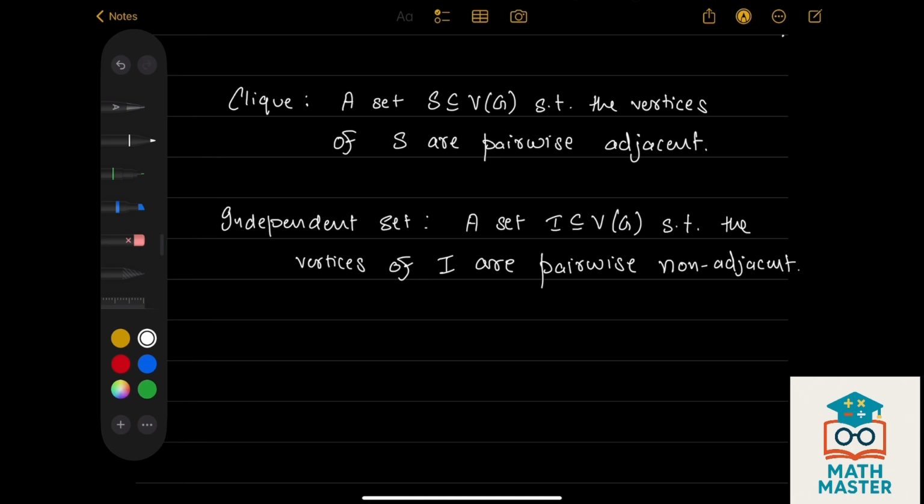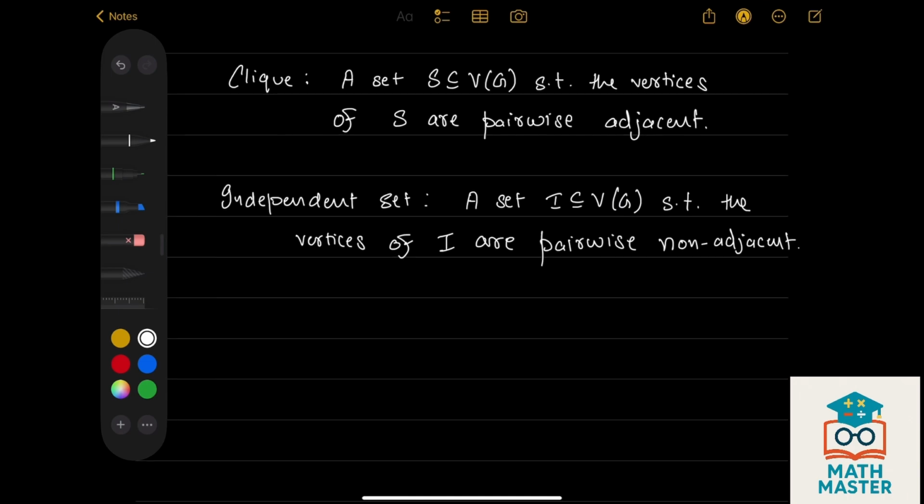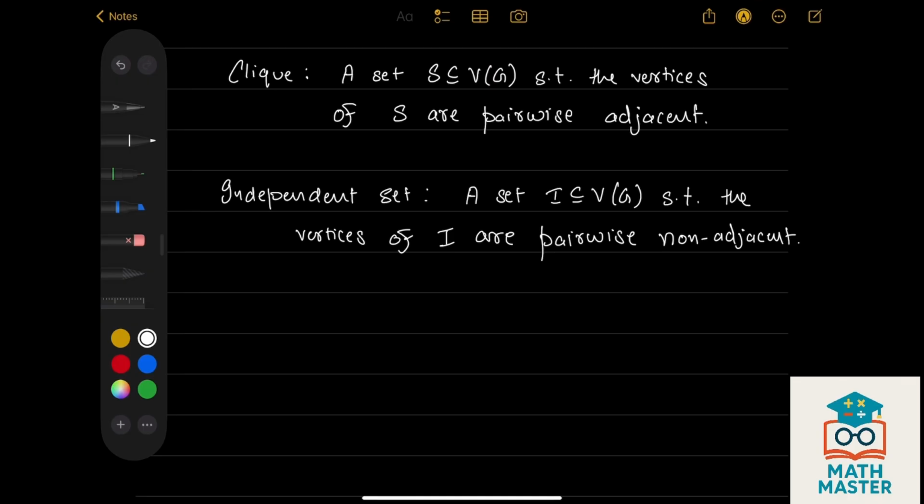Okay, so let me create an example over here. Suppose we are given this graph. These red ones are the vertices. As you can see, the definition of a clique is a set of pairwise adjacent vertices.